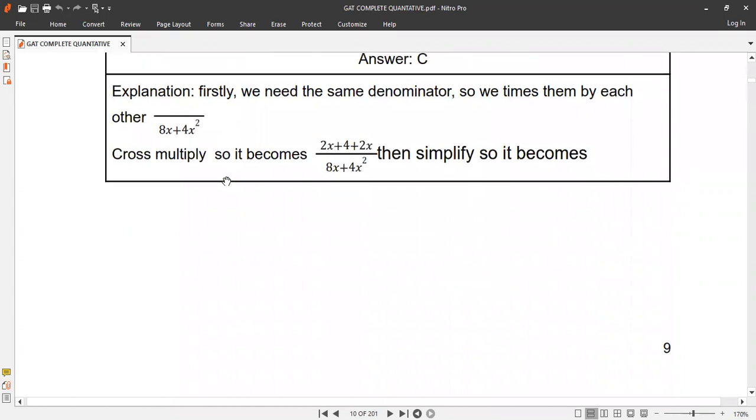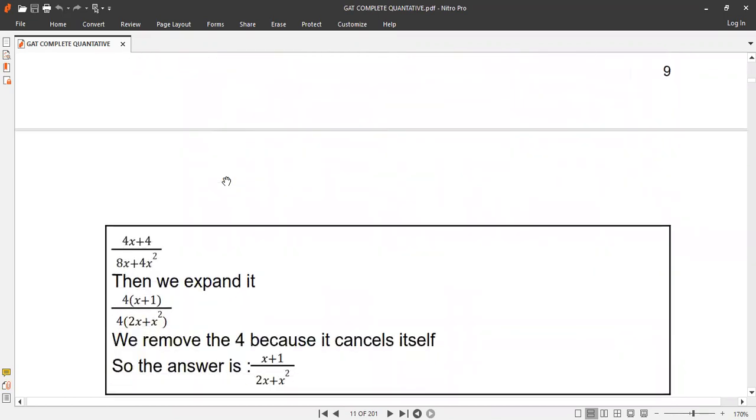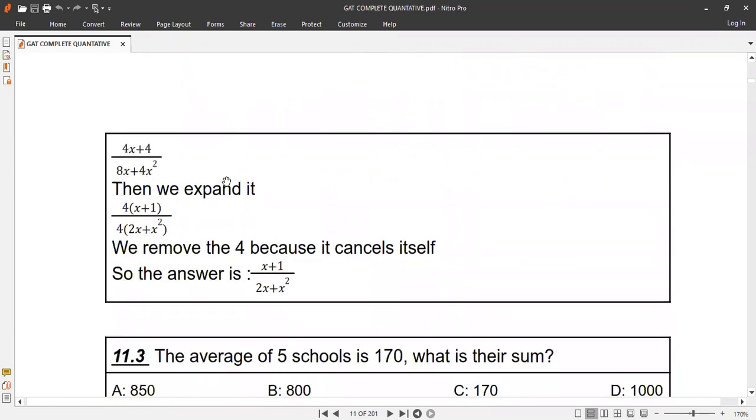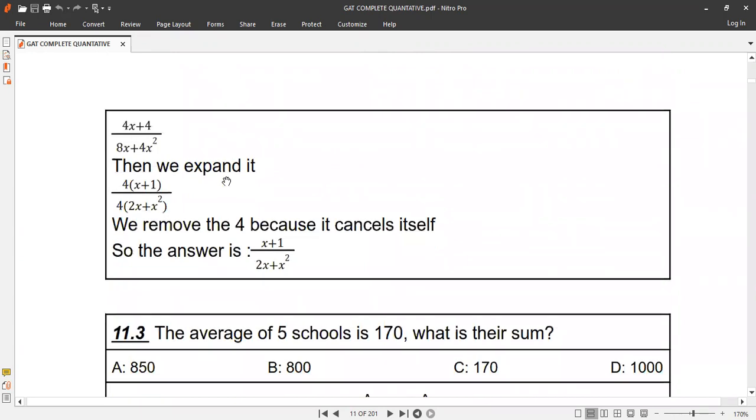Now, let's go to another question. This kind of easy question: the average of 5 schools is 170. What is their sum?